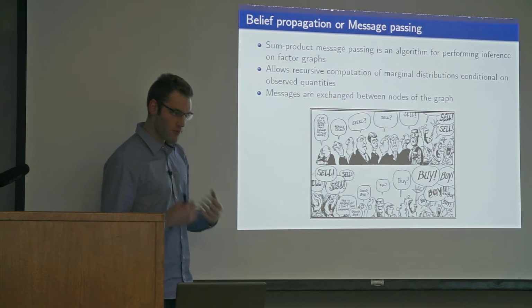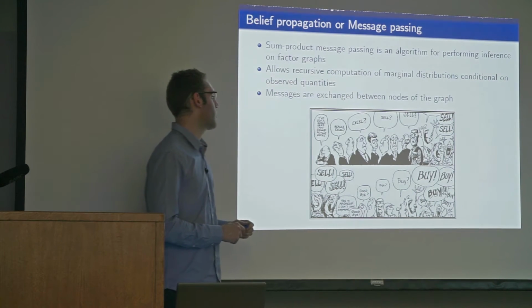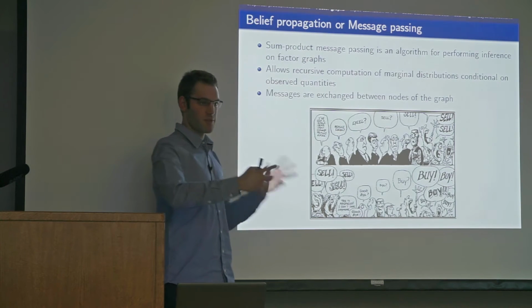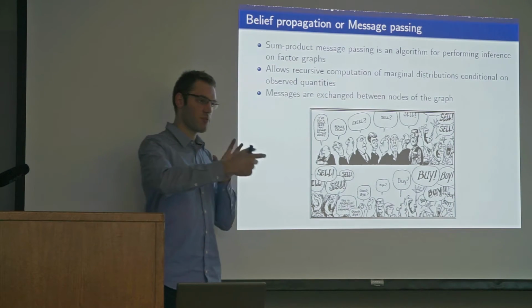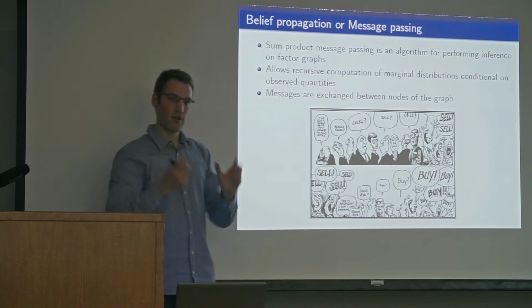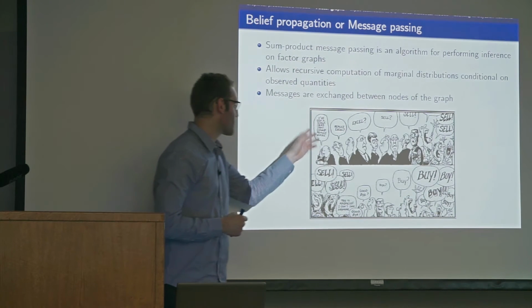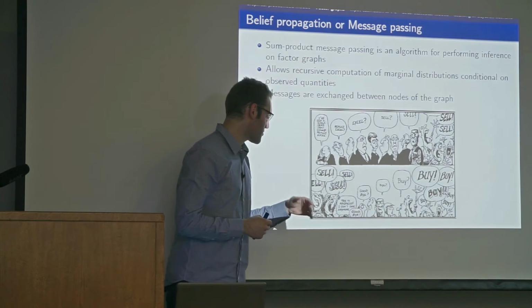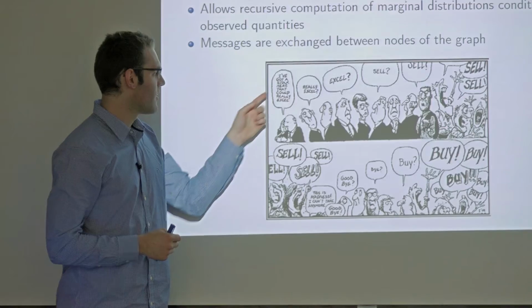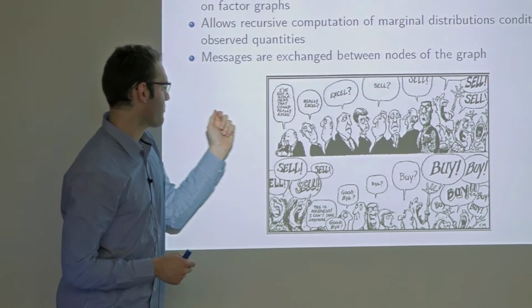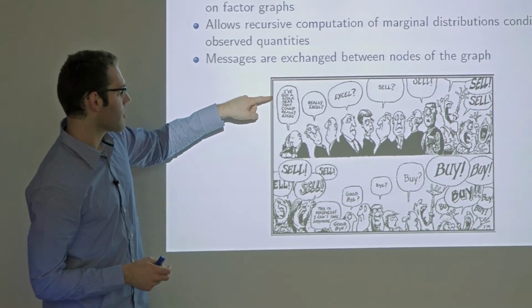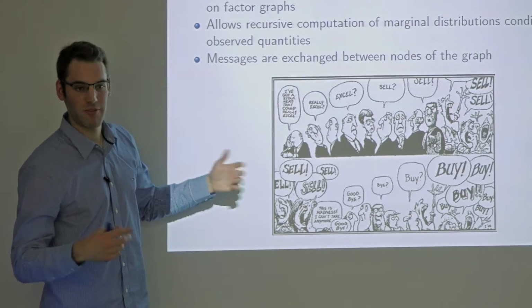Given random variables, it's called message passing because messages are exchanged between the factors of the factor graph. I just chose a silly example again from economics, due to the name of your university. Here this guy says, I've got a stock that could really excel, that means perform very well.